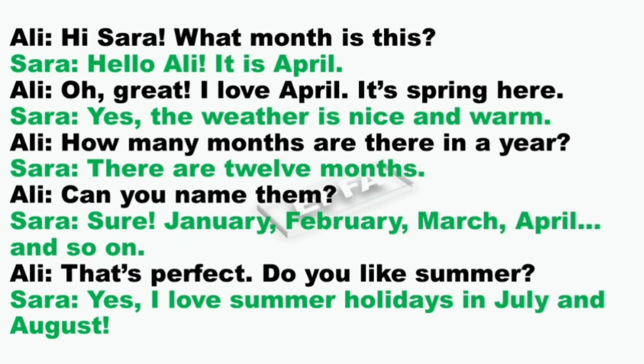Sarah: There are 12 months. Ali: Can you name them? Sarah: Sure. January, February, March, April, and so on. Ali: That is perfect. Do you like summer? Sarah: Yes, I love summer holidays in July and August.